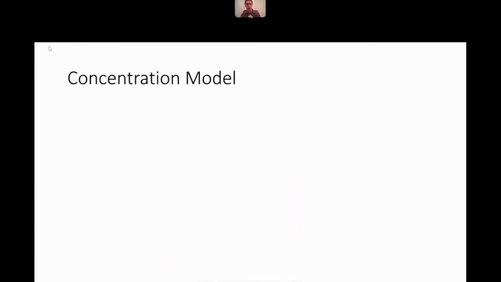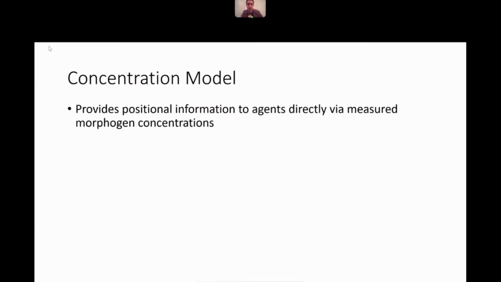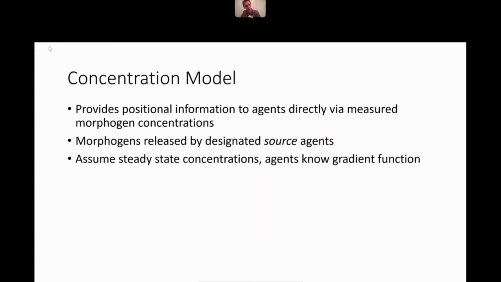So our first computational model is simply we provide positional information to agents directly via morphogen concentrations. You can imagine morphogens are released by designated source agents in the line or in the flag grid, and we assume enough time has passed such that the concentrations are not changing over time, and that the agents know the gradient function of these concentrations.